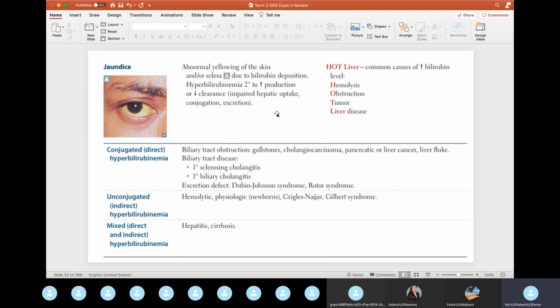Know the diseases that are involved if they are increased, right? And of course, mixed. If both of them are increased, it is probably due to either viral hepatitis, alcoholic hepatitis, or cirrhosis. That's why you need the serum markers from the previous slide to make a good diagnosis.